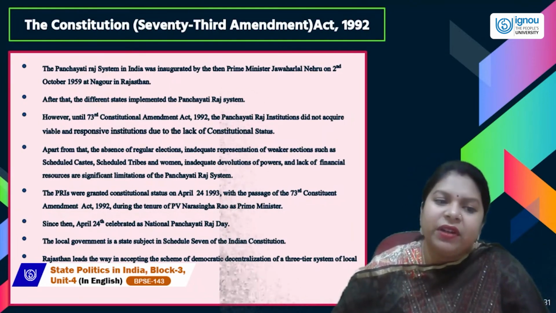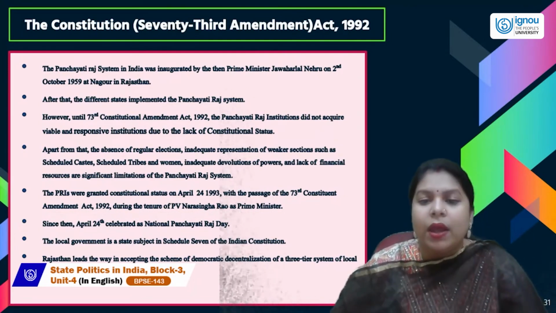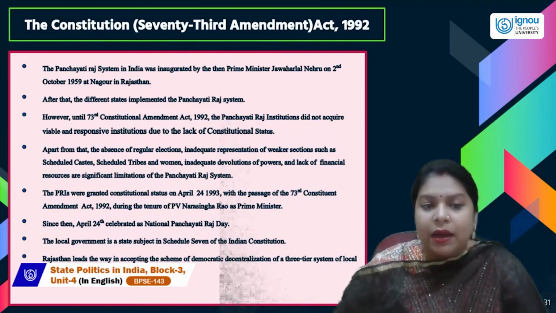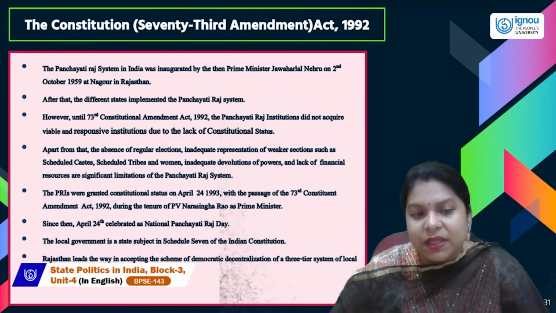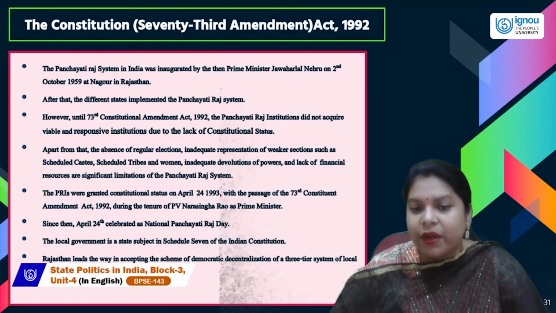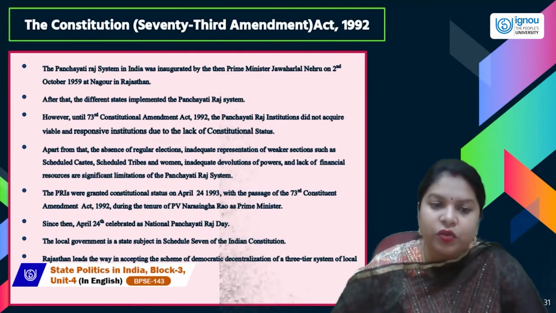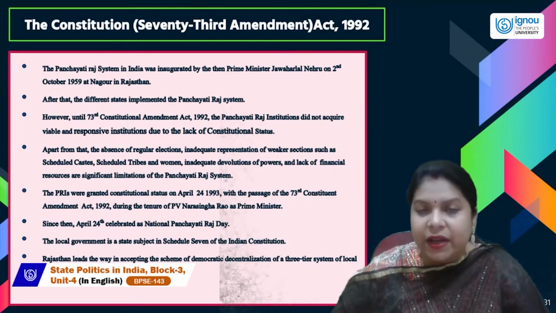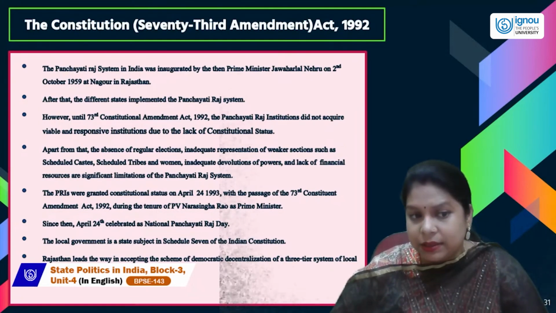So it is after the 73rd Constitutional Amendment Act, which we are reading now, that Panchayati Raj institutions became responsive institutions. Apart from that, the absence of regular elections, inadequate representation of weaker sections such as the scheduled castes, scheduled tribes and women, inadequate devolution of powers and lack of financial resources were significant limitations of the Panchayati Raj system.